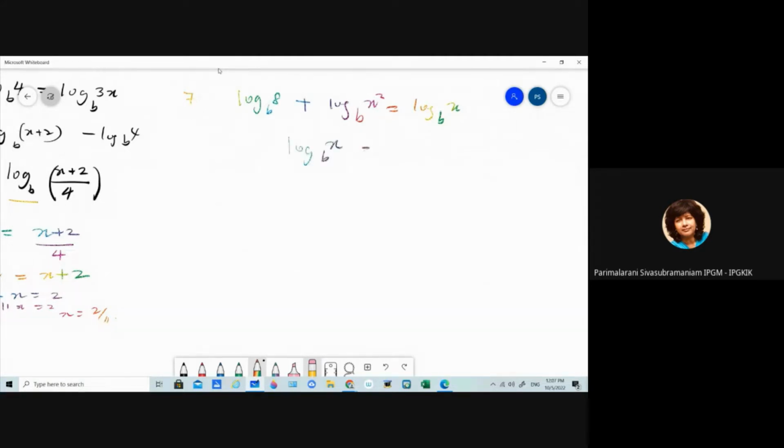Okay, so we have log x base b is equals to log 8x squared base b, correct? See how we got this? Because we have log plus log, so we times it: 8 times x to the power of 2. Log and log same, therefore from here we know that x is equals to 8x squared. Okay, now you tell me what's the answer.